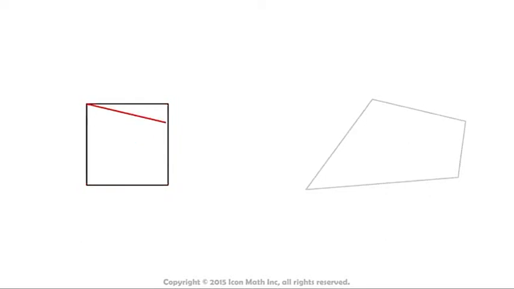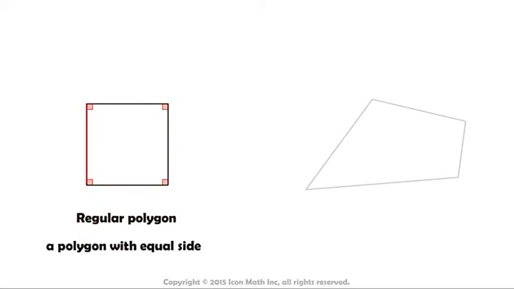The side lengths of this square are equal, as well as its four angles, because they are all right angles. This kind of polygon is called a regular polygon. So, a regular polygon is a polygon with equal sides and equal angles.